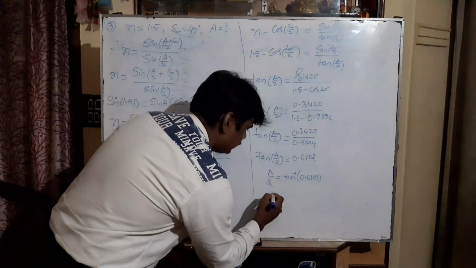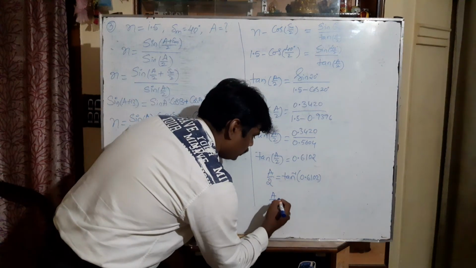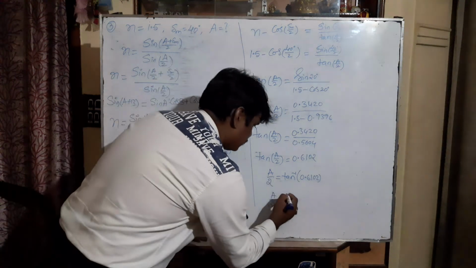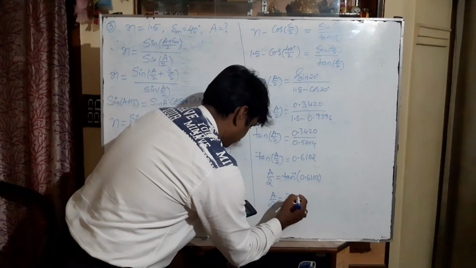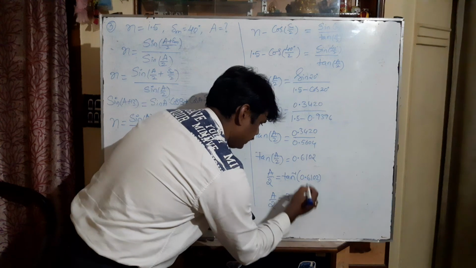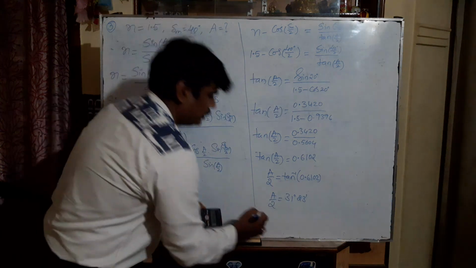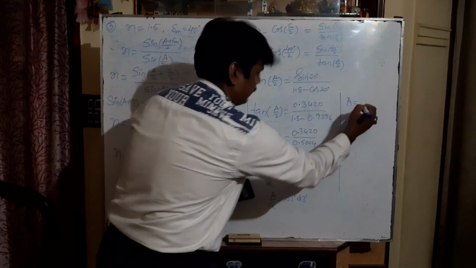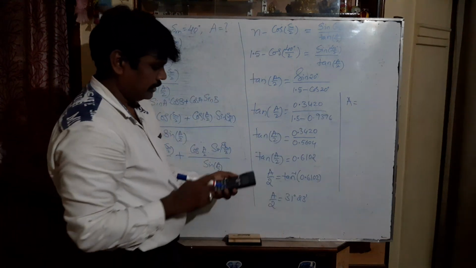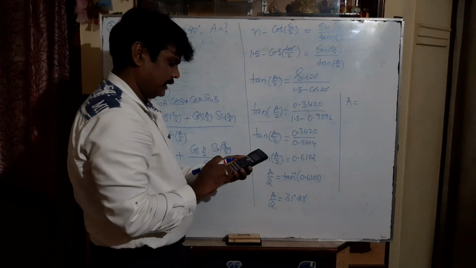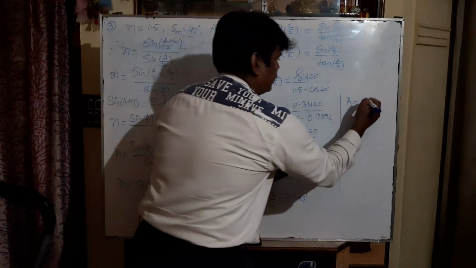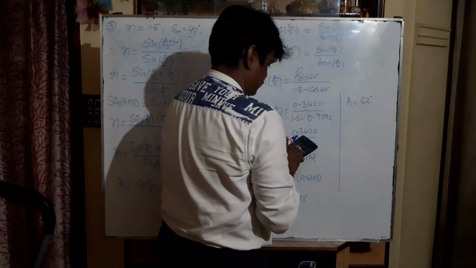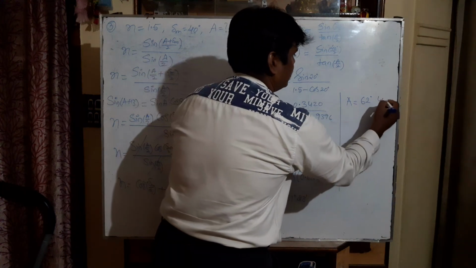So we are getting A by 2 is equal to 31 degree 23 minutes. So then the value of A becomes double that value. You just take the cross multiplication into 2, we are getting 62 degree 46 minutes.